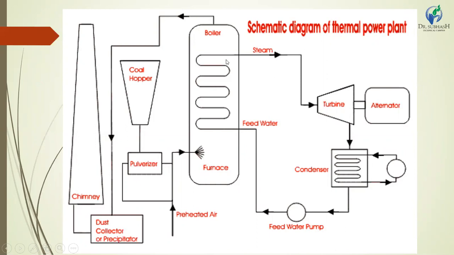After that, steam goes to the turbine, and due to the flow of steam, the turbine rotates. After the turbine, steam goes to the condenser, which converts steam to water. After that it goes to the feed pump, and again into the boiler.